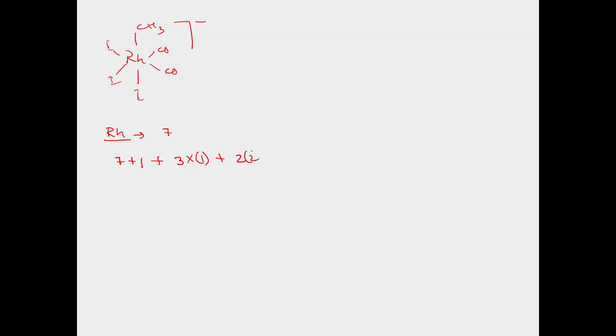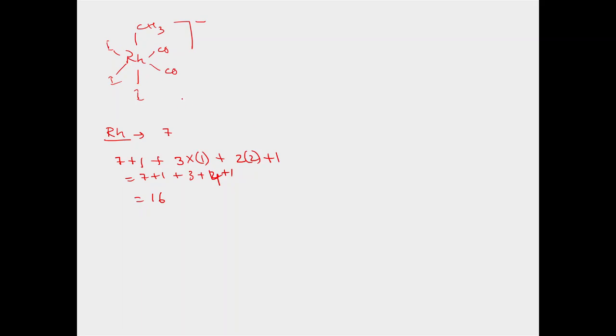There are 2 carbonyl ligands and the complex has an overall charge of minus, so 1 electron will be added. But why is rhodium 7?